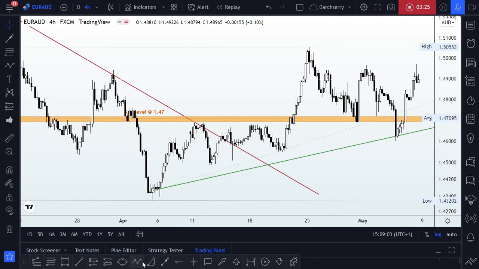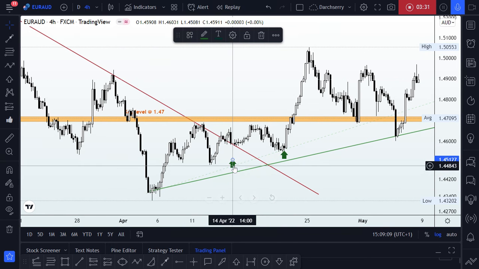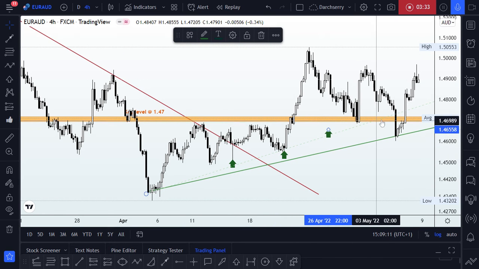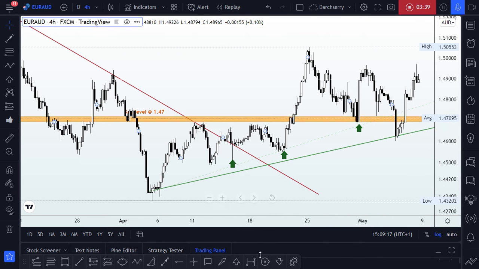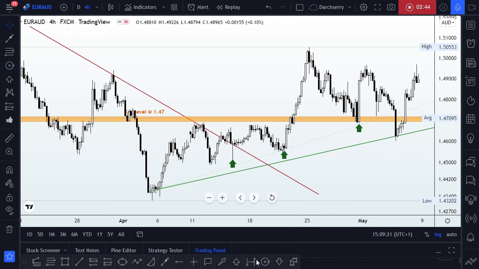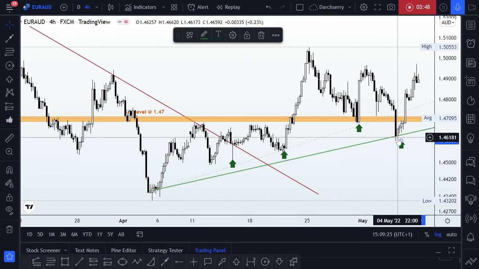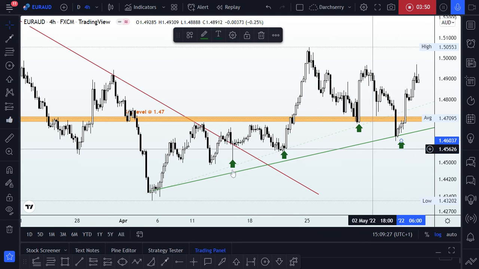We saw price reject this trend line at some point, as we can see here, and we saw price break down that trend line only to come and break down the trend line here, only to come and respect the trend line at this point during the course of last week's trading session.